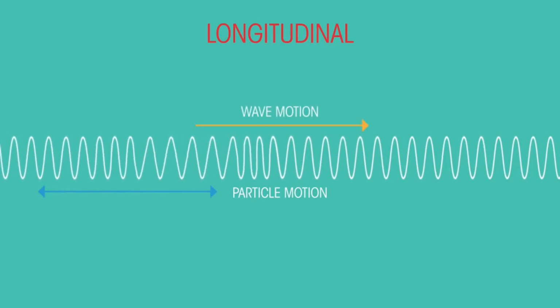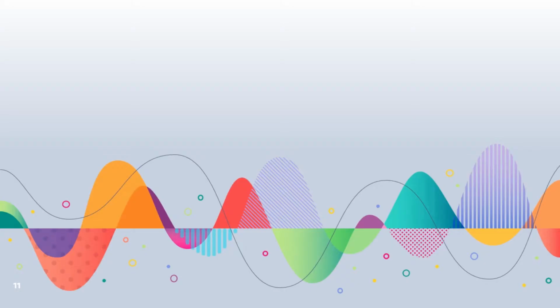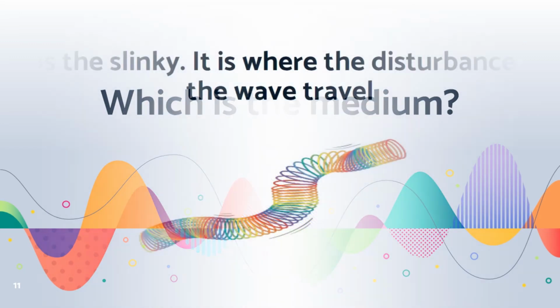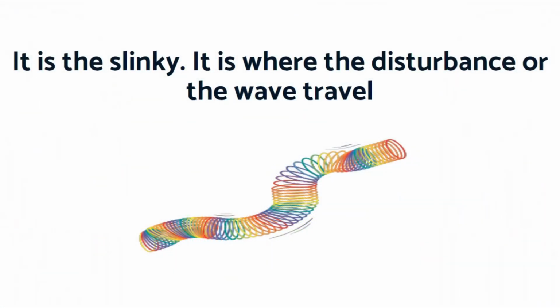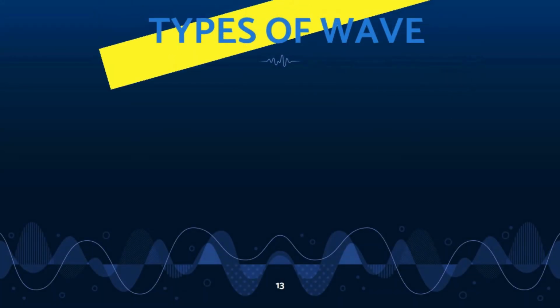This creates a disturbance that travels from one end of the slinky to the other. For example, which is the medium? You're correct. It is the slinky. It is where the disturbance or the wave travels. So that is the medium.